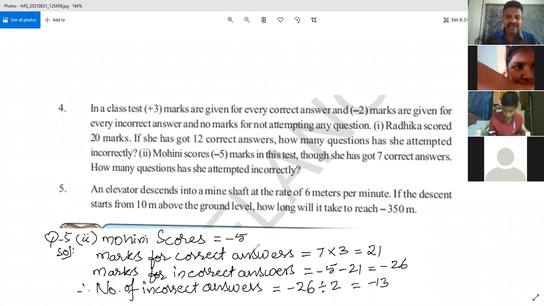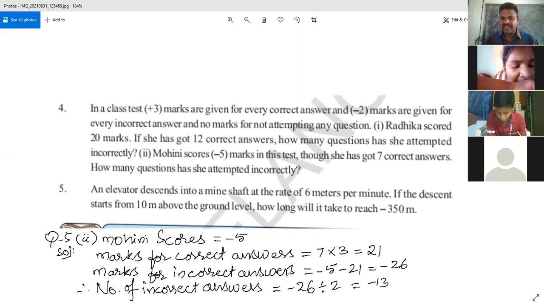So in that way, Mohini scored -5, right? So marks for correct answers is 7 corrected, that means 21 marks she got. To find the marks for incorrect answers, subtract the correct answers' marks from the total marks she scored.